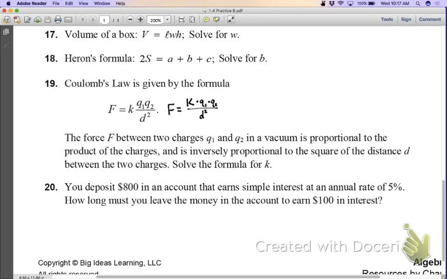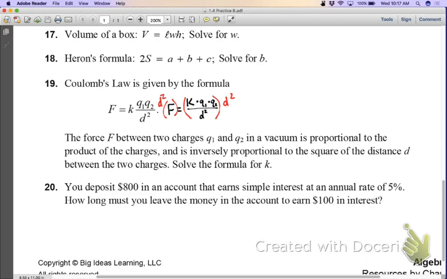Anytime you multiply, that's the same thing as putting it on the top side of the fraction. So that's no different. So if I'm going to get K by itself, what do I need to get rid of first? Get rid of the D squared. So in doing that, I'm going to multiply both sides by D squared.